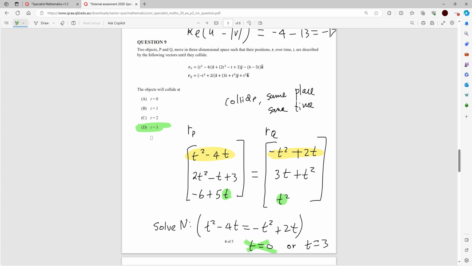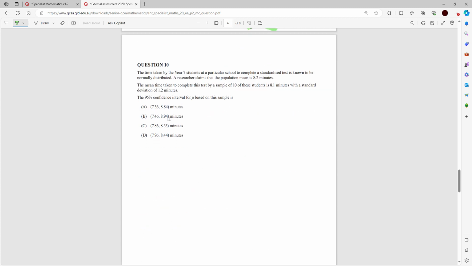Okay? Let's move on to the final question of the video. The time taken by Year 7 students at a particular school to complete a standardized test is known to be normally distributed. A researcher claims the population mean is 8.2 minutes. The mean time taken to complete this test by a sample of 10 students is 8.1 minutes with a standard deviation of 1.2 minutes.